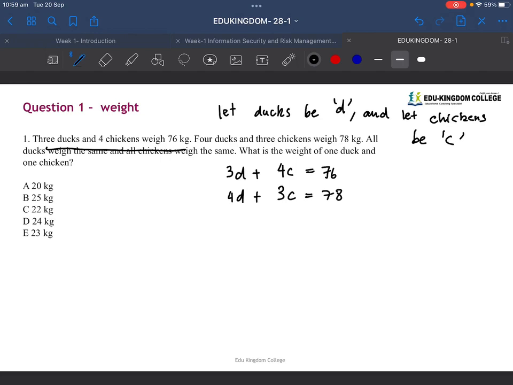All the ducks weigh the same, blah, blah, blah. Great, these are the first two options that we have with information. I'm going to label these option A and B, and you'll see why.